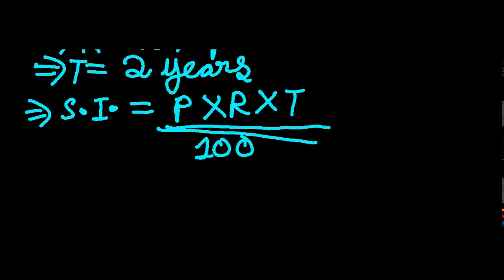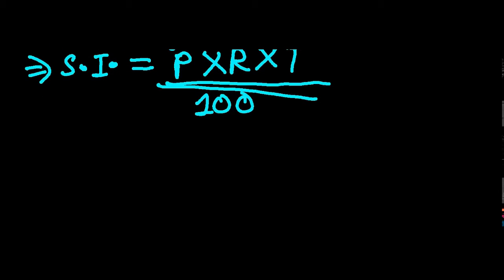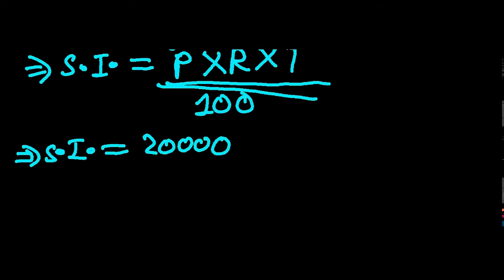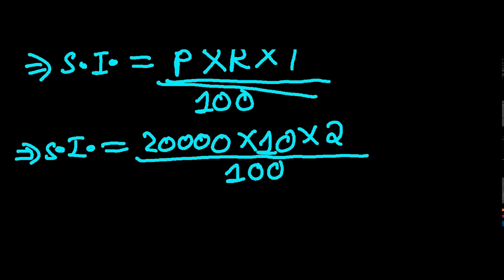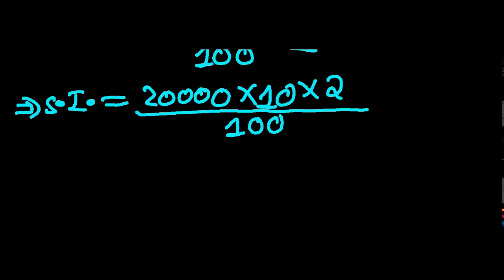Okay friends, so let's solve the sum. Simple interest is equal to P, and P is 20,000, into R. R is 10%, time is 2 years, and then we will write 100 here. If the rate is 5%, then we write it as 5 by 100. In this case we will write 10 by 100.